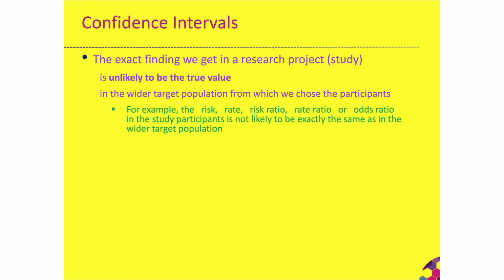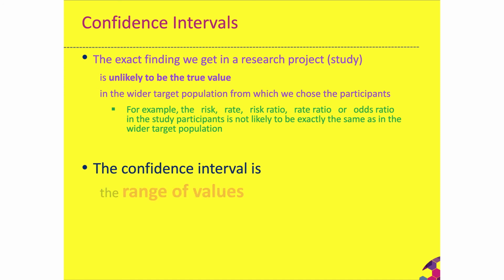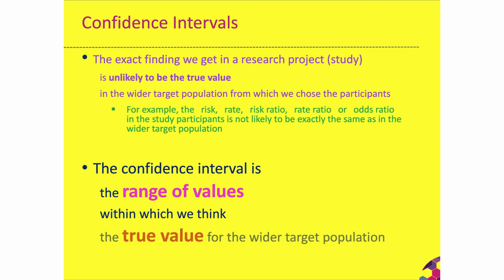For example, the risk ratio, rate ratio, odds ratio in the study participants is not likely to be exactly the same as in the wider population. So the confidence interval gives us the range of values within which we think the true value for the wider population lies.